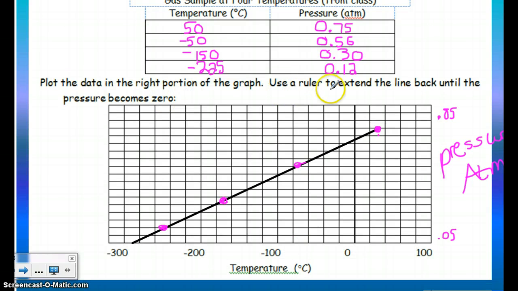The way I scaled mine was I used 0.05 increments along this axis. So 0.05, 0.1, 0.15, 0.2, 0.25, so on and so forth, and that's pressure in atmospheres. And then along this axis we have temperature in degrees Celsius. So make sure you get that graph completed.